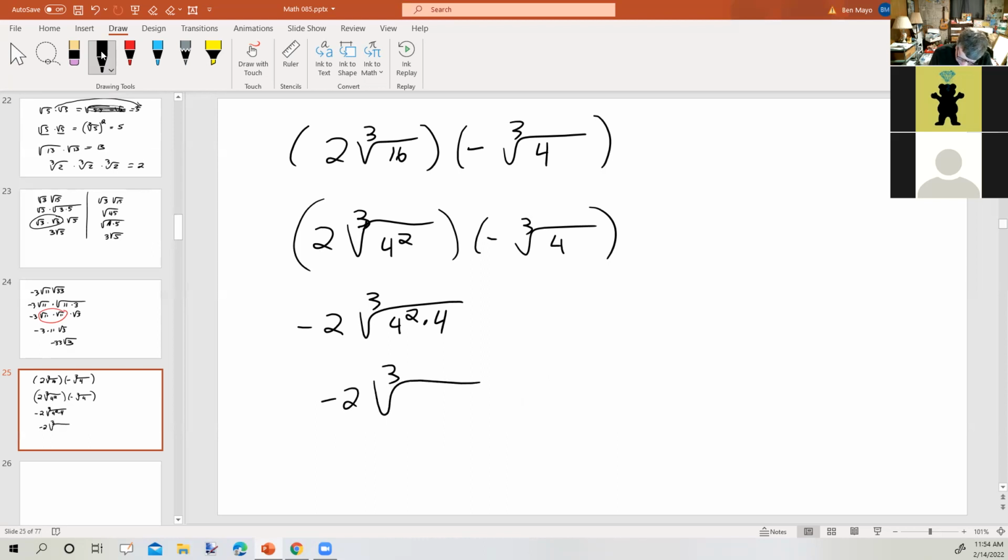Okay. 4 squared times 4 would be 4 cubed, right? Yeah. What's the cube root of 4 cubed? 4 outside. Okay with that? Yes. All righty. Anybody else? Anything before we go on? Okay. Let's go on to the next example.